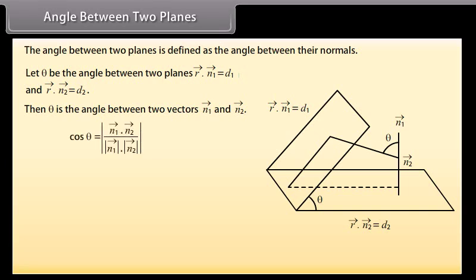Cos theta equals modulus of dot product of vector n1 and vector n2 divided by modulus of vector n1 into modulus of vector n2.